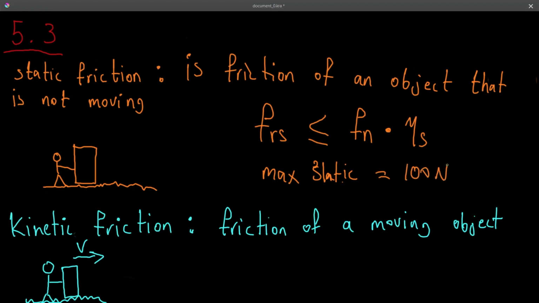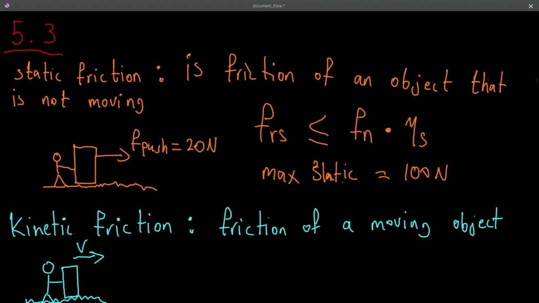So for example, if I got that the max static friction is equal to 100 newtons, if I pushed with 99 newtons, this object is not going to move. If I pushed with 99.9 newtons, this object is not going to move. If I pushed with 100.1 newtons, this object will move. Anything greater than the max static friction will cause an object to move.